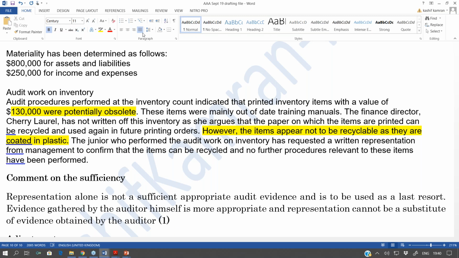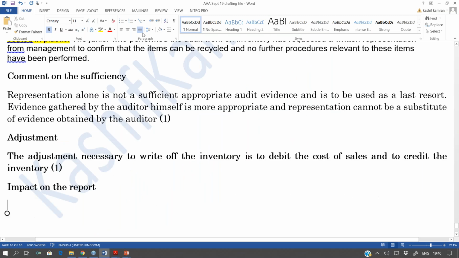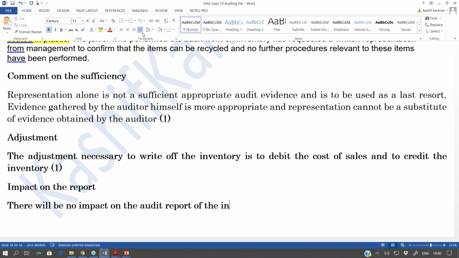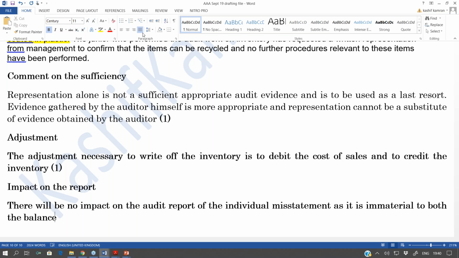So how are we going down with impact on report? There will be no impact on the audit report of the individual misstatement, as it is immaterial to both the balance sheet and the income statement.